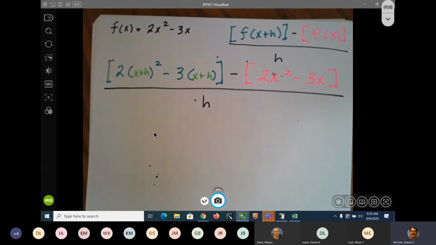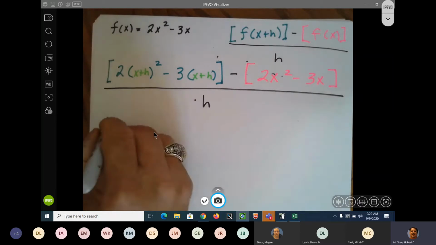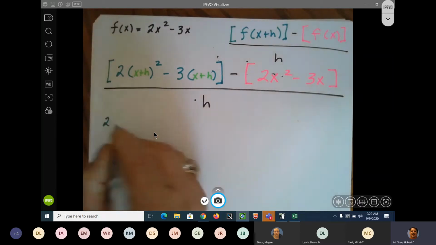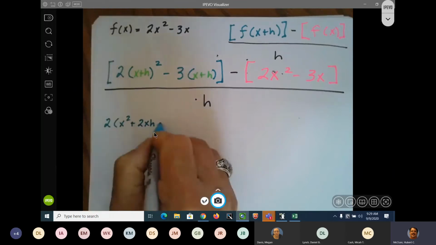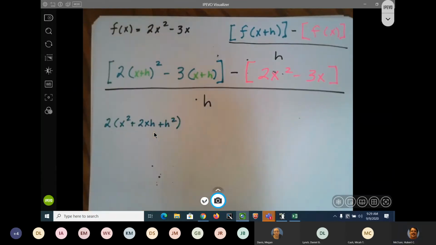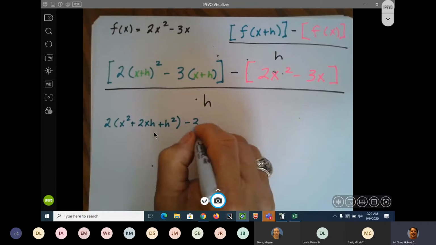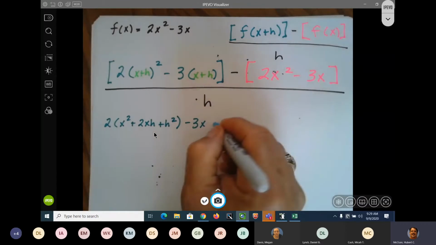Now what? Now it's 100% algebra. So this is where you're going to see if you really suck at algebra or not. So here we go. I'm going to take my blue and I'm going to say, okay, that's going to be 2 times, oh, that's shortcut number 1. X squared plus 2xh plus h squared minus 3x minus 3h.